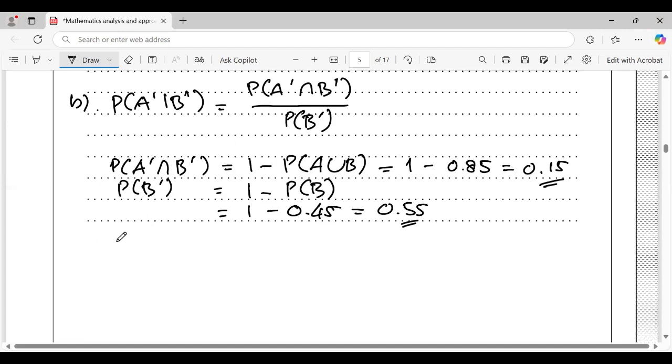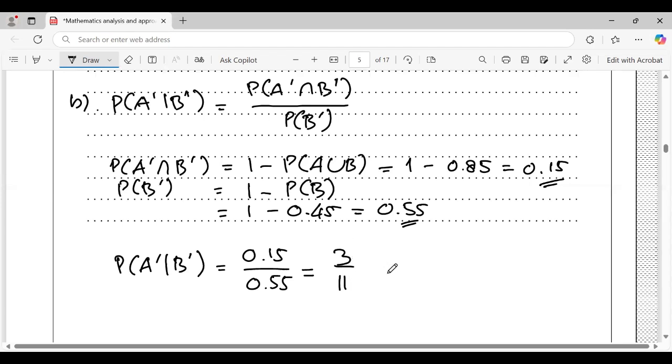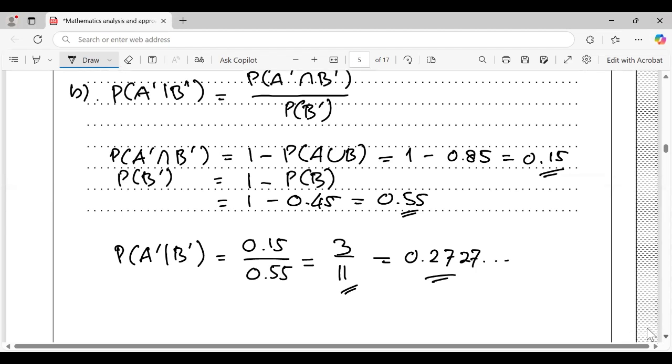So it means the probability A' given B' equals 0.15 divided by 0.55. It is 3 divided by 11, or 0.2727, and so on. So in fraction, or in decimal, this is the solution. Next question.